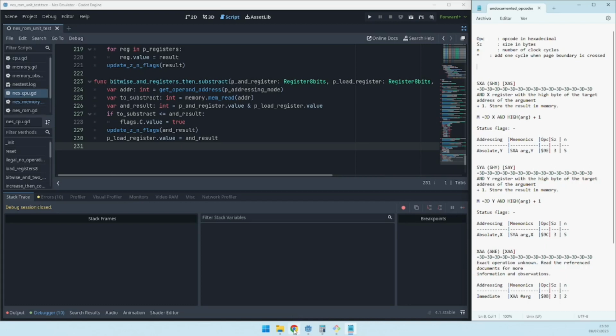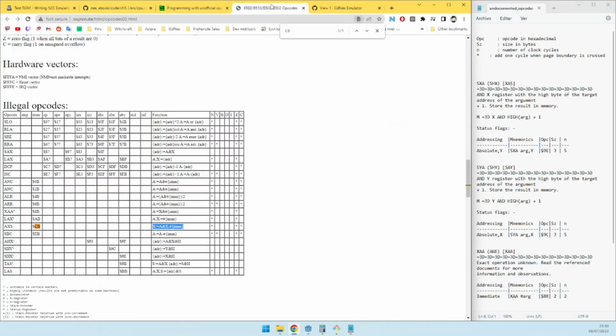So 9E. The address is going to be equal to X and the high value of address. And this one is absolute Y. SHY.